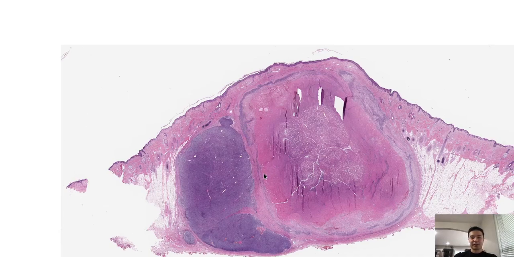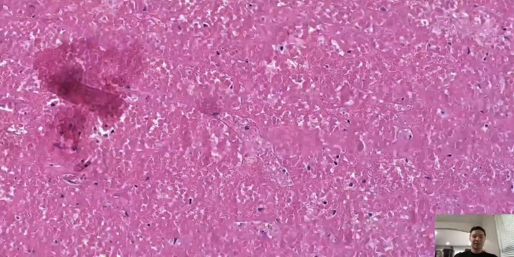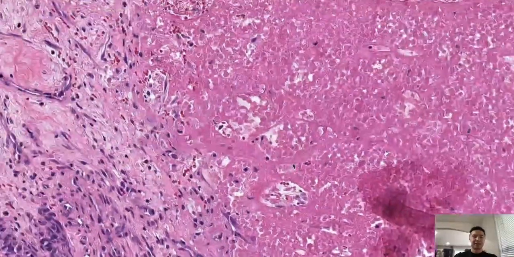Granuloma annulare also has this granuloma look, where you have this palisading look, and the center looks acellular, but it's not necrosis, it's kind of dermal mucin. But in this case, it's necrosis.